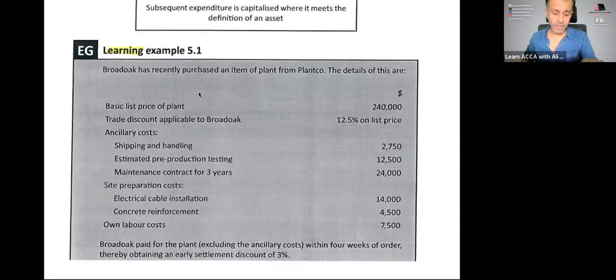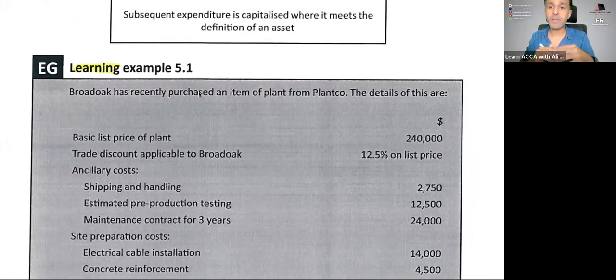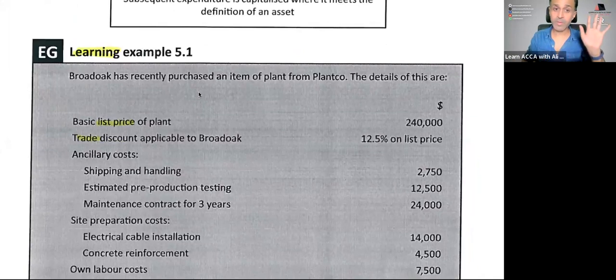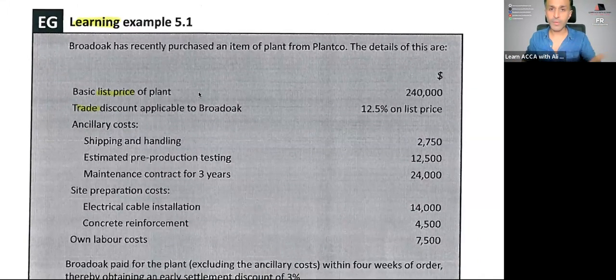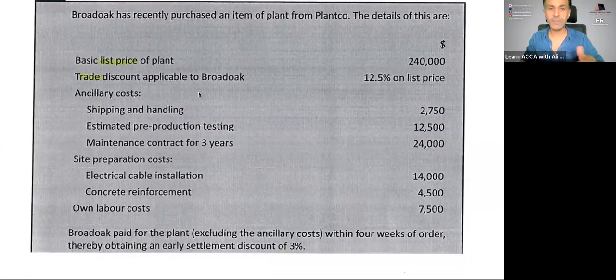Okay. Broaddock has recently purchased an item of plant for Plantco. The details of this are as follows: basic list price. Then they suggest trade discount. The word trade is important. Ancillary cost means additional cost, like shipping and handling, pre-production testing, maintenance, site preparation cost.